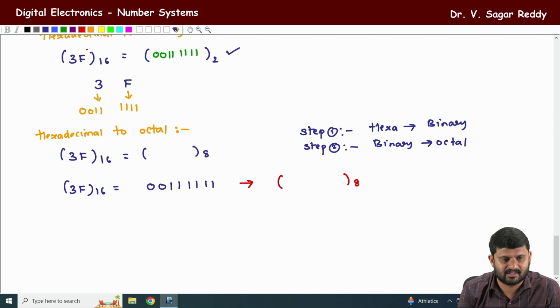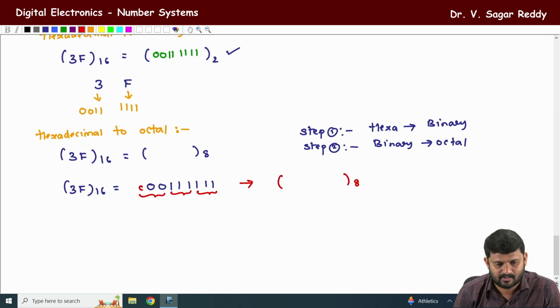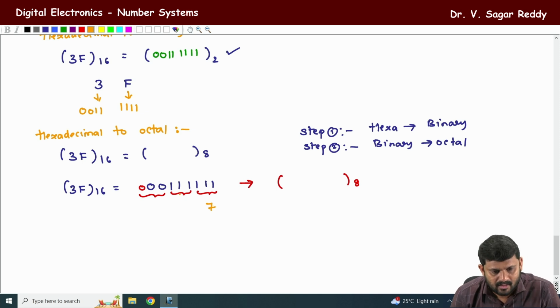If you want to represent this binary number in octal, we group 3 bits and make them 1 digit in the octal number system. So now this group is a 7, and the other group, 0, 1, 1... so we get 0, 7, 7.